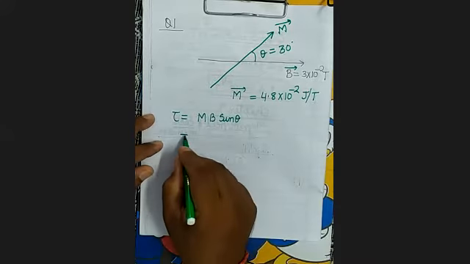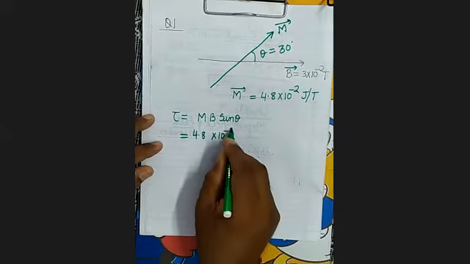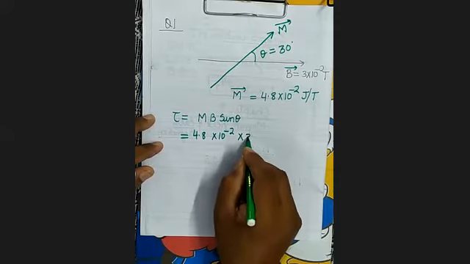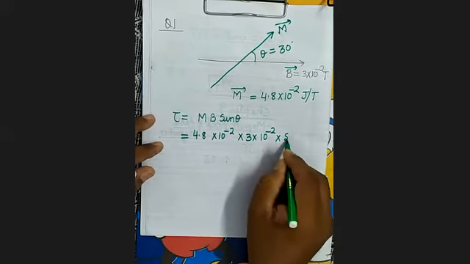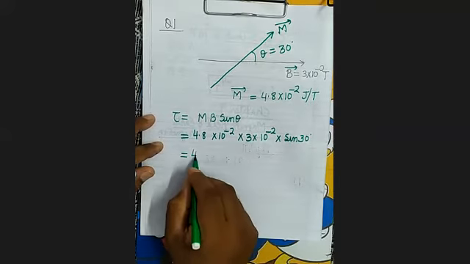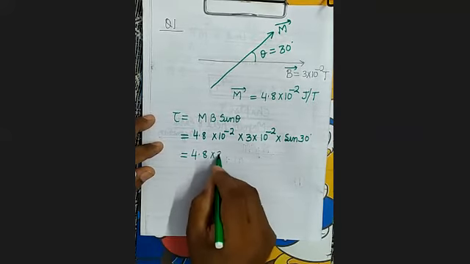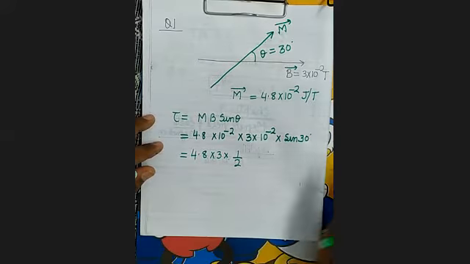It is 4.8 into 10 to the power minus 2, 3 into 10 to the power minus 2, sin 30 degree. So it is 4.8 into 3 into 1 by 2. Sin 30 is 1 by 2.